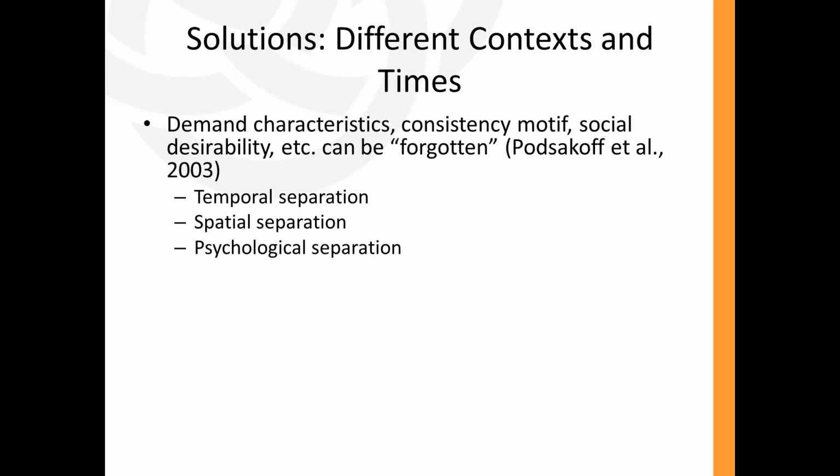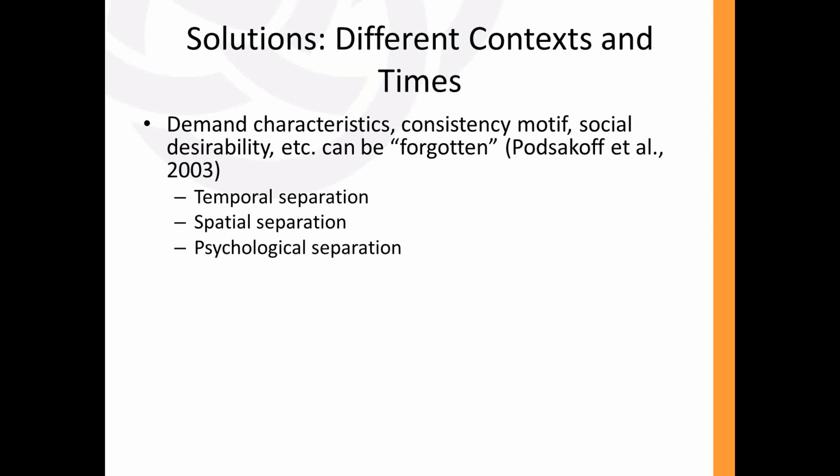So the idea is that you can separate different measures in time, in space, and in terms of the person's psychology. The short-term memory fades, and it's like, okay, what was I trying to be consistent with again? Okay, I forgot. So now I'm going to be answering in a way that is more truthful, as opposed to trying to be consistent with my previous responses. I don't even remember what I'm trying to be consistent with.